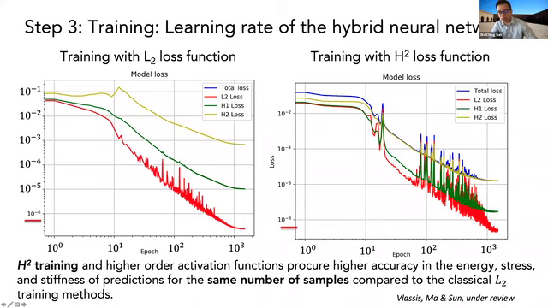But the H2 is not only better for the H2 measure. For the higher order loss function training, we found that even if you measure the performance using the L2 norm, the H2 norm minimization yields a better L2 norm for the material predictions. So this is quite encouraging. We can get basically 2 orders more accurate results by just changing a little bit of the training.